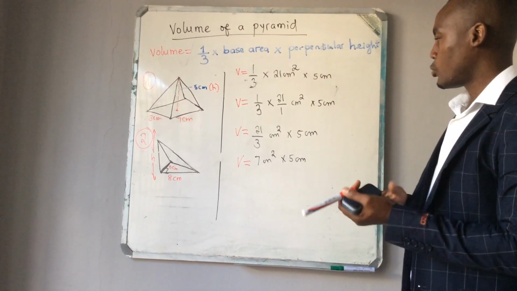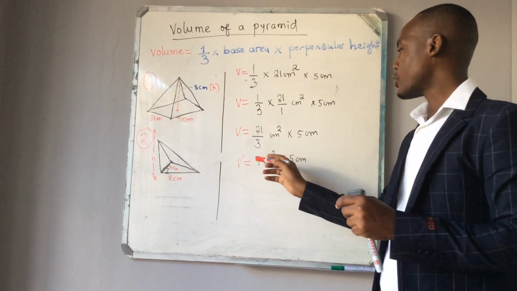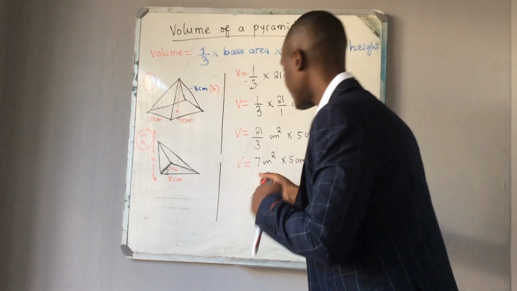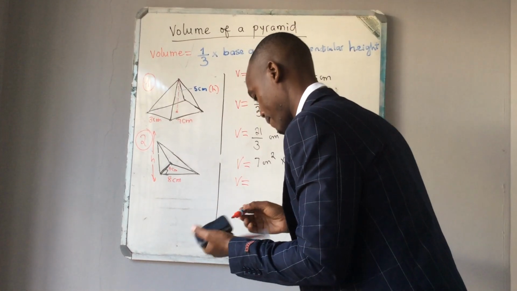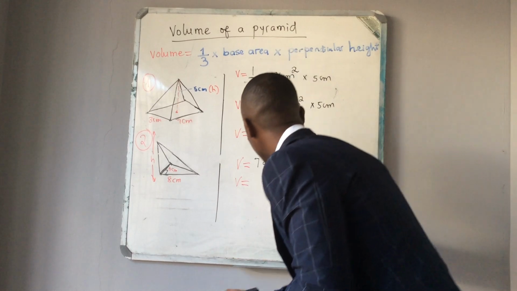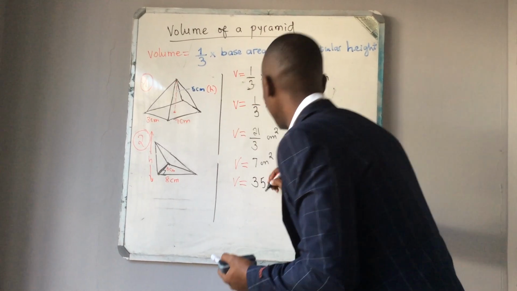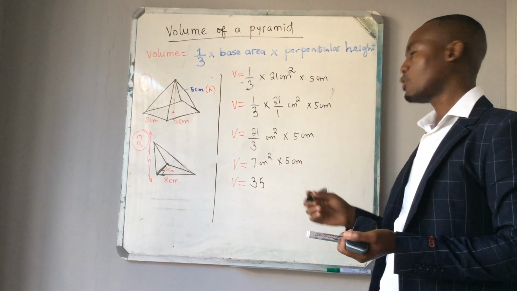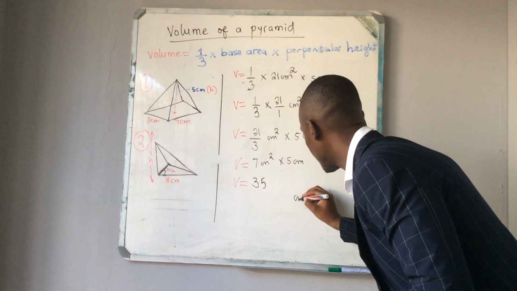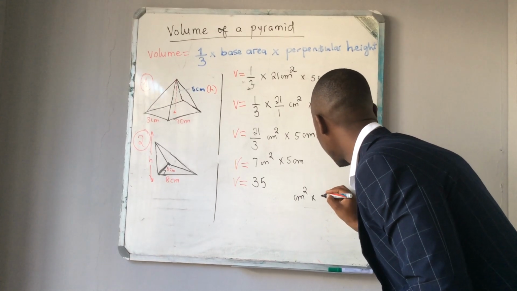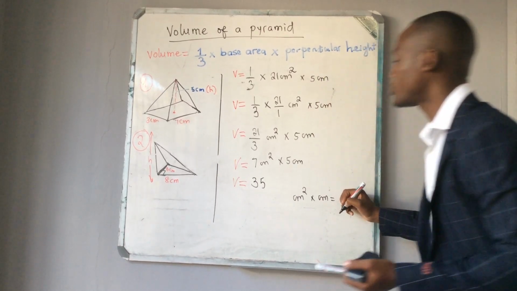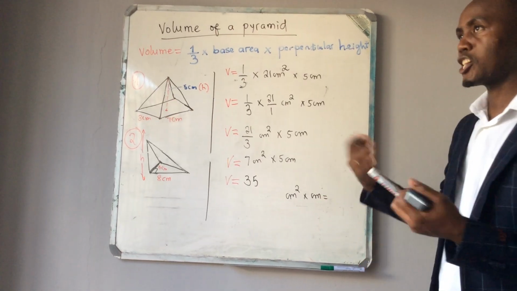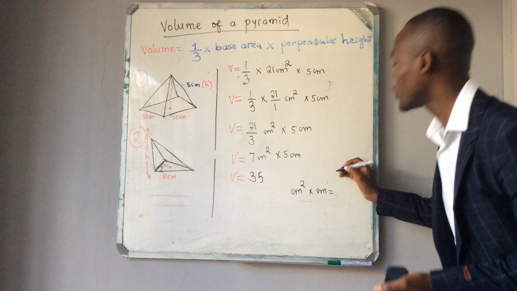Now the next step is to multiply the whole numbers. So we have 7 times 5, which gives us 35. And then we have centimeters squared times centimeters, as I alluded to earlier. The rules of algebra tell us that any variable has an exponent of 1. So we know that there's an exponent here of 1.